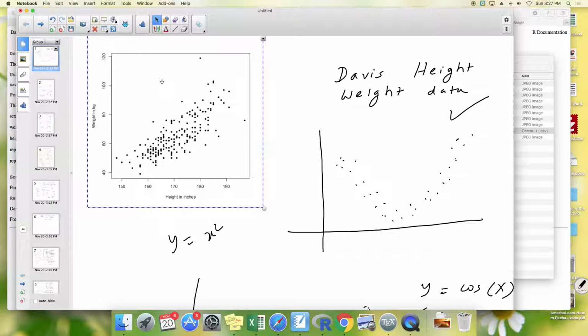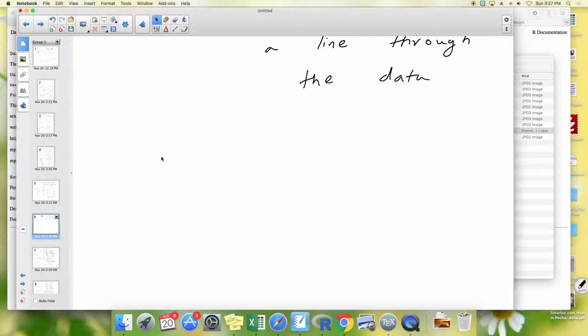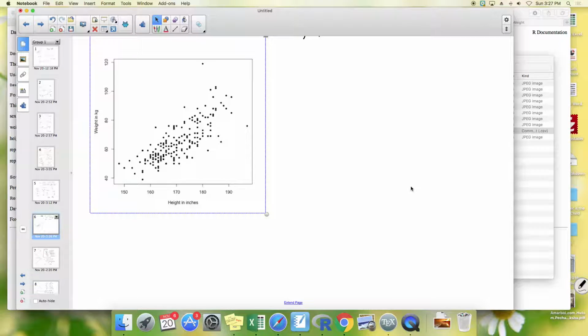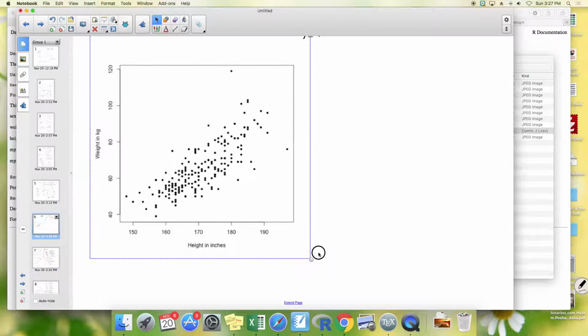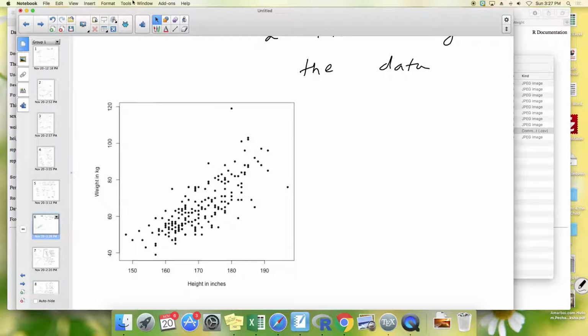Let me copy it and paste it here. So that's our thing. So now how to actually put a line through it.